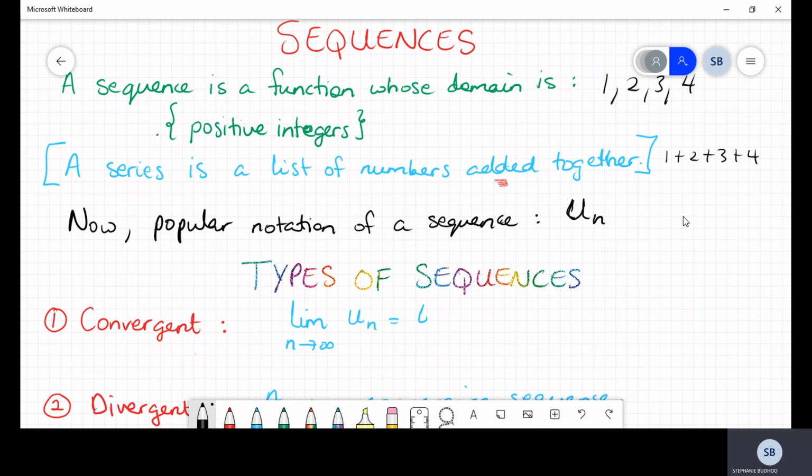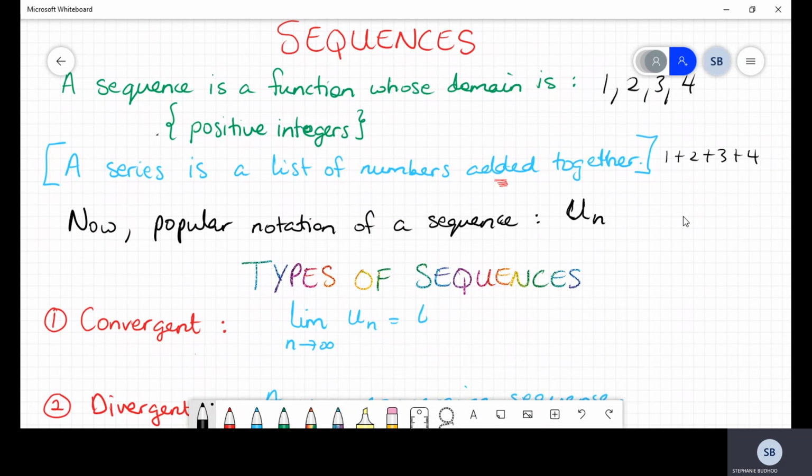We have the different types of sequences described, with convergent being the first one, okay? So this is what a convergent sequence typically looks like if it were to be graphed. And as you can see, the sequence represented by the mathematical notation u subscript n is convergent if the values approach a fixed point as n increases.